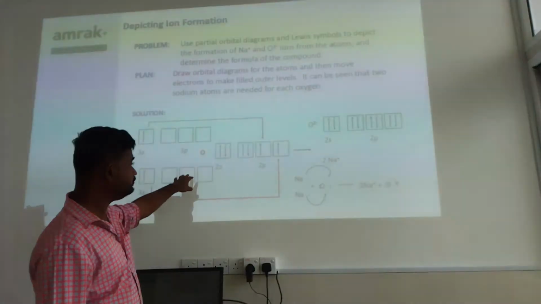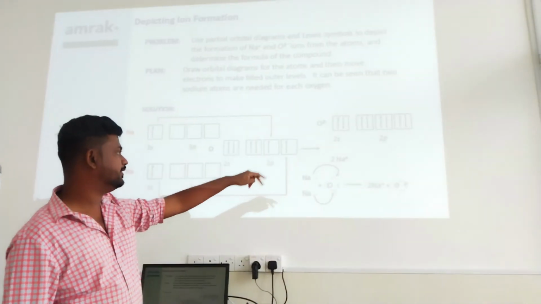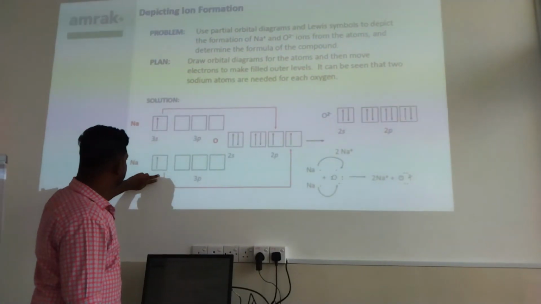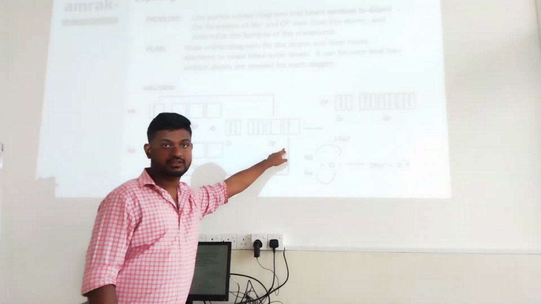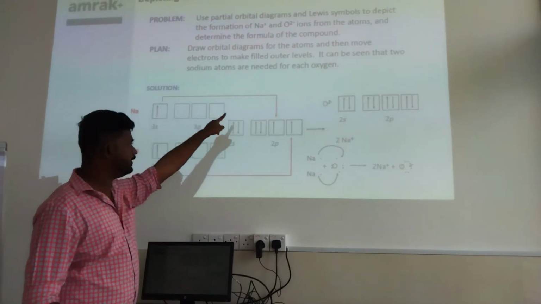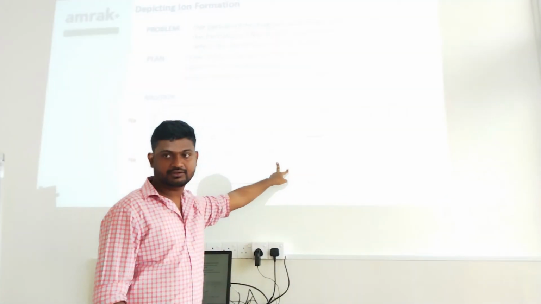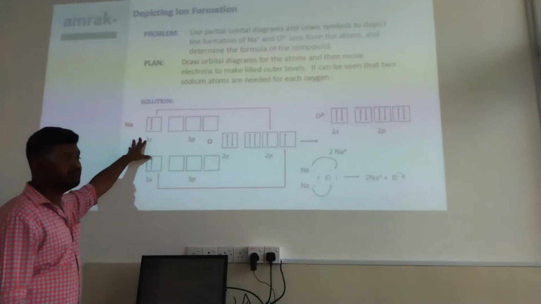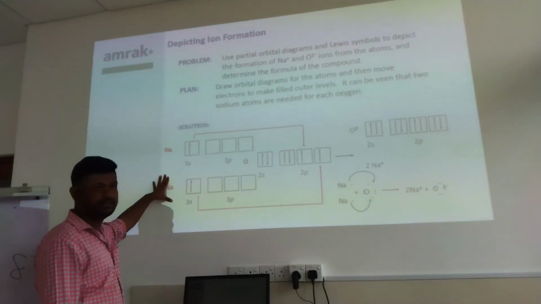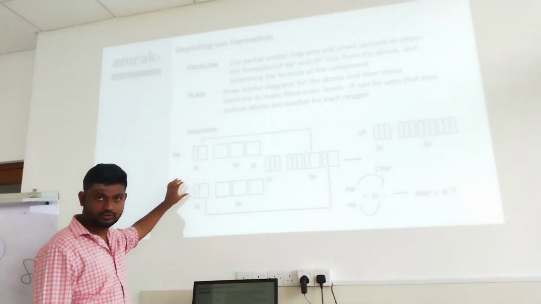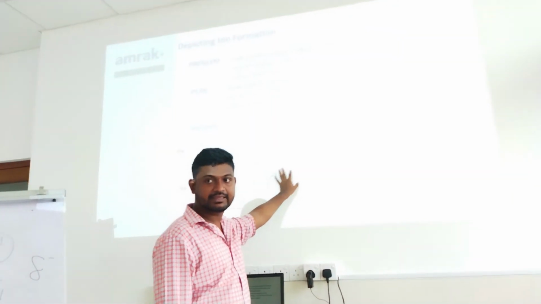O2 minus, they gain 2 electrons, so they become 2p6. So 1 electron from sodium, the other from again sodium, they gain electrons, because sodium can remove 1 electron from its s orbital. So 2 sodiums will lose 2 electrons, whereas 1 oxygen will gain 2 electrons.